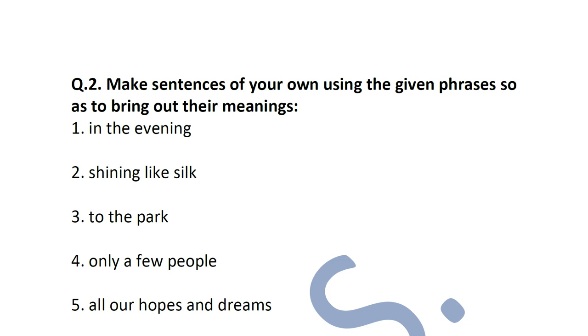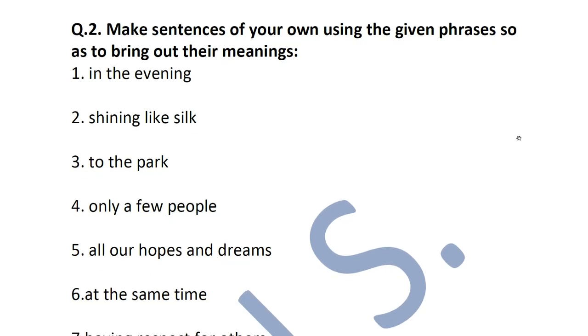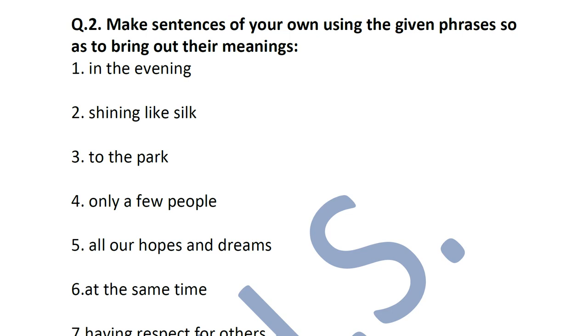Okay, question number 2. Make sentences of your own using the given phrases so as to bring out their meanings. Now the first one. Okay, now how do you form the sentence? The phrase is given, but remember what is your proper prose order. You start with your subject, then you start with the verb, that is your action.